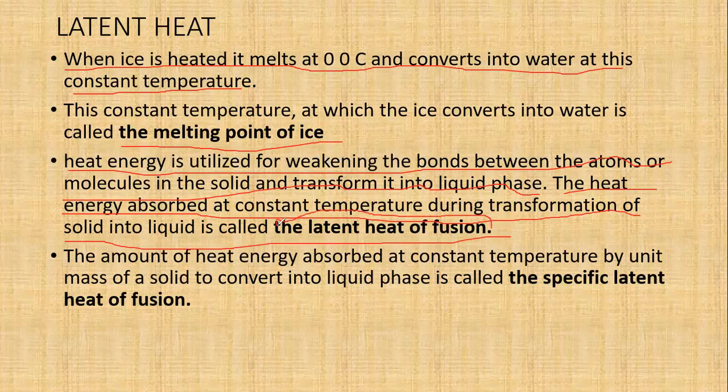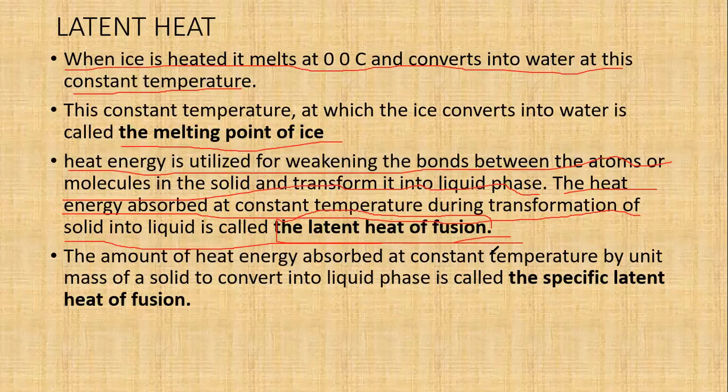This word, the latent heat of fusion, it is the bonding between atoms and molecules of the solid which is transferred into a liquid phase. The example, as you know, is given for ice.